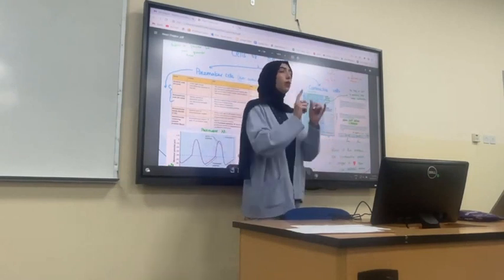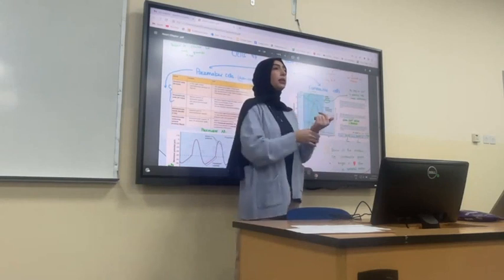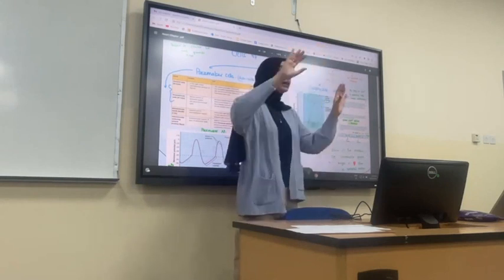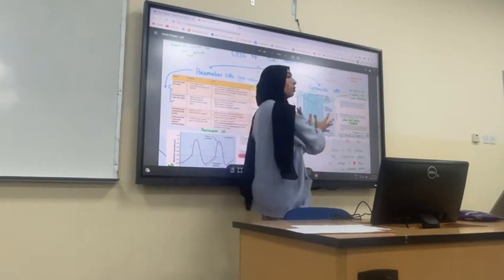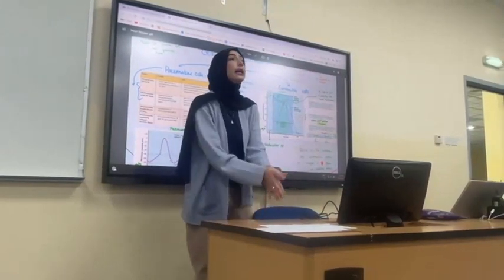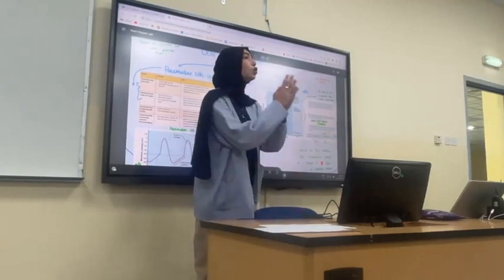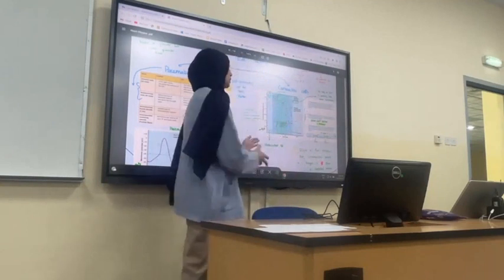The whole heart doesn't contract as a whole. The atria have to contract, there's a delay, then the ventricles have to contract. This whole process ensures that happens, and the heart contracts rhythmically. If it contracted as a whole, you would not get the proper function of the heart.